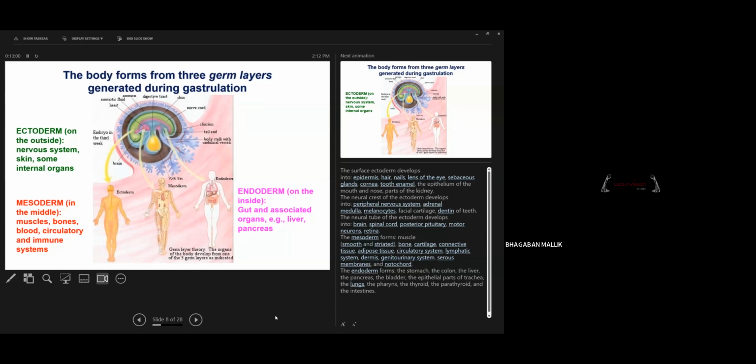In the mesoderm layer, you have the formation of muscles, bone and blood, the circulatory system, and immune systems. And the endoderm forms mostly the gut and associated organs like the liver and pancreas, which are formed from these three germ layers, highlighted here.